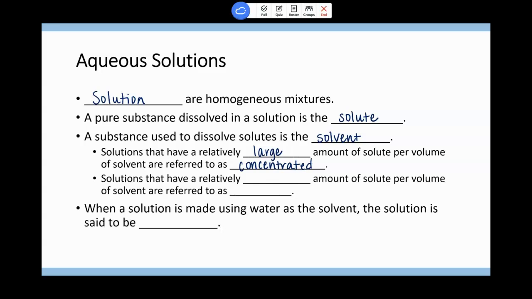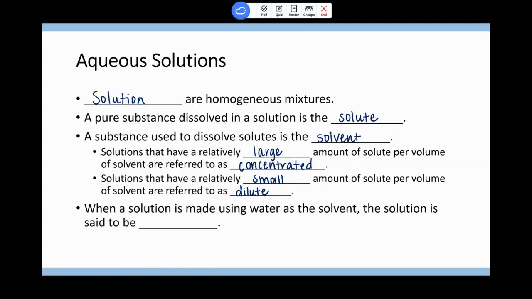And then solutions that have relatively small amounts of solute per volume of solvent, these are referred to as dilute. So for the saltwater example, if you have lots of salt in some water, that would be a concentrated solution. If you have just a little bit of salt in the water, that would be a dilute solution.